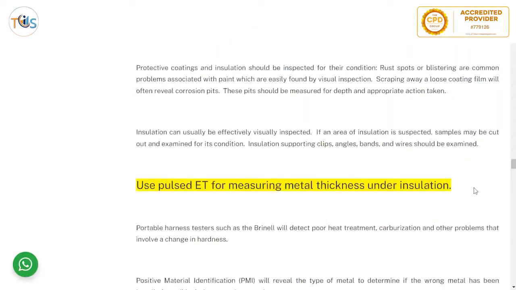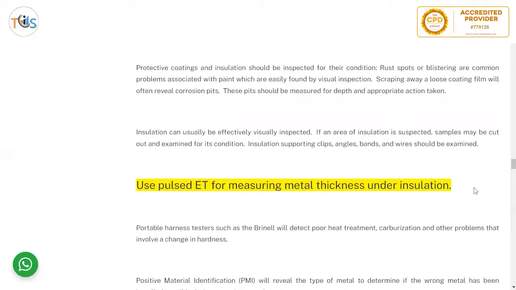Protective coating and insulation should be inspected for their condition. Again, rust spot or blistering are common problems. Scraping away a loose coating film will often reveal corrosion pits, and they should be measured with pit depth measurement instruments. Insulation can be effectively visually inspected.